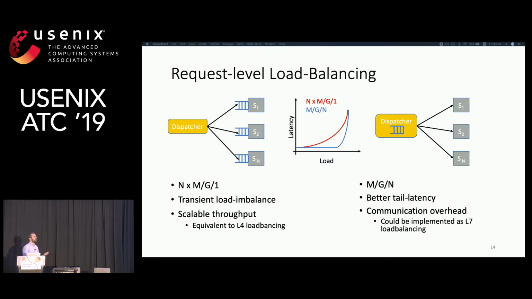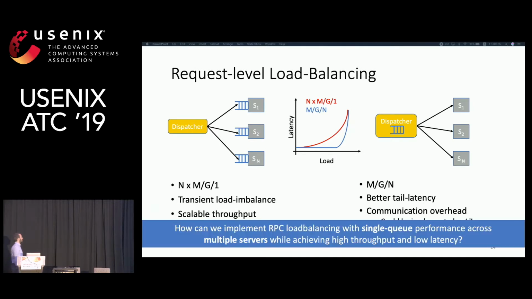Distributed queuing scales way better because you can see this as equivalent to layer 4 load balancing, while a single queue system exposes the communication overhead and does not scale that well. So the question we are trying to answer is, can we implement RPC load balancing across multiple servers with single queue-like performance while we can scale throughput and achieve low latency?